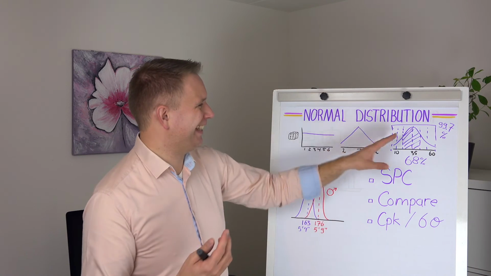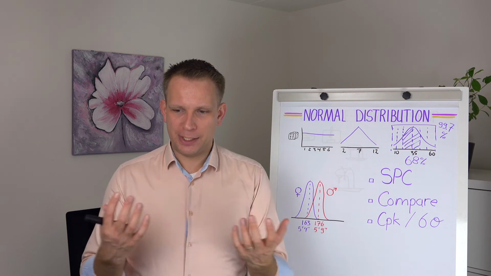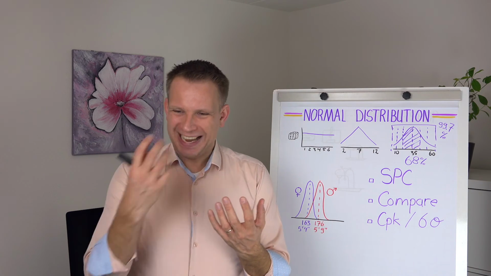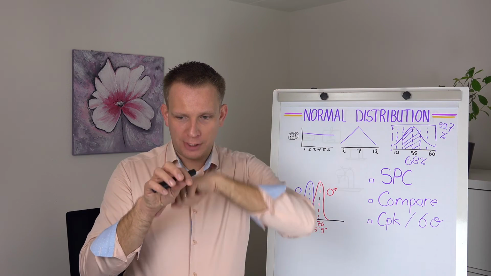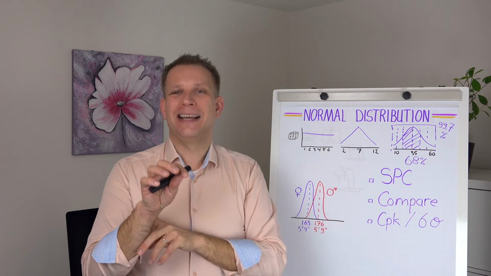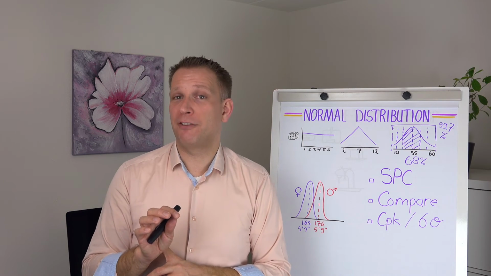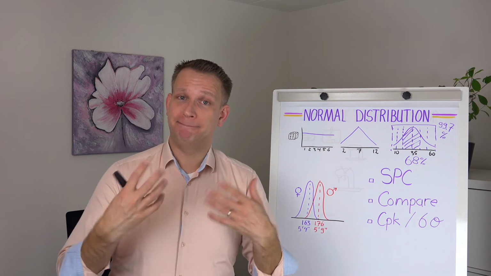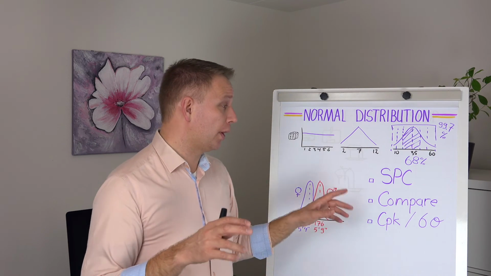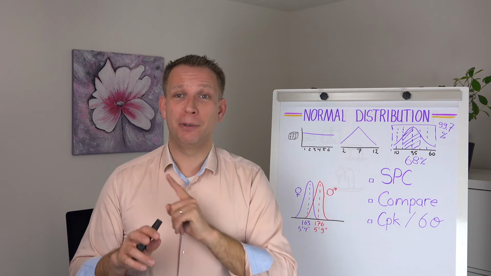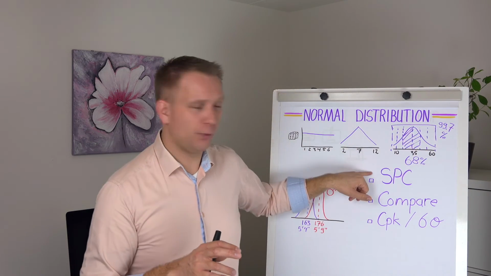And we use statistics to calculate the probability that you would get these samples when you know that the population is there. Is that chance at least more than about 5% for most comparison statistics, or is that chance more than 0.3% for SPC?